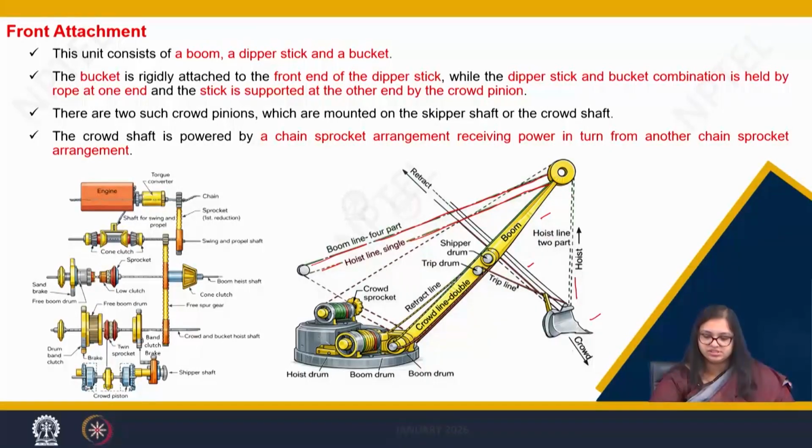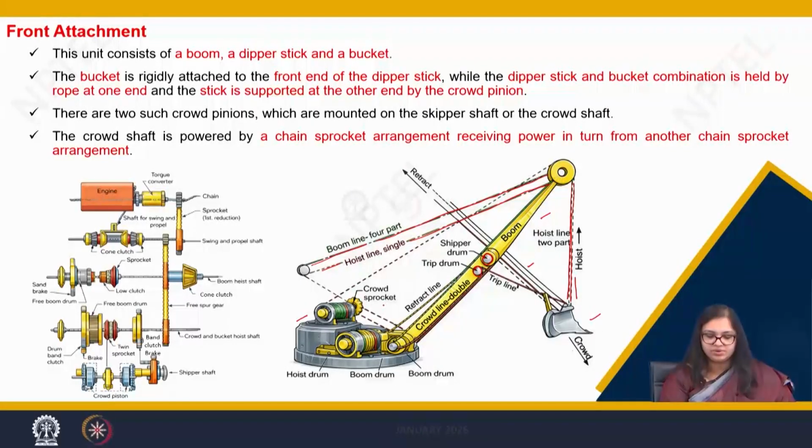So this is the hoist line for the bucket, and then there are also shipper drums onto which these pinions are housed, and this is how the complete arrangement looks like, where you can also see the sheaves onto which your bucket is hoisted.